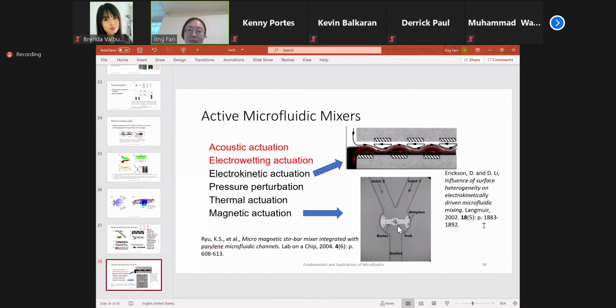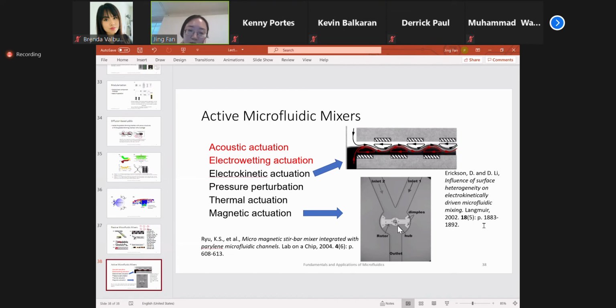But because it makes use of external energy, there's a higher possibility for active mixers to obtain a satisfying mixing effect. So it's more effective, but it consumes more energy, and also manufacturing cost is higher.